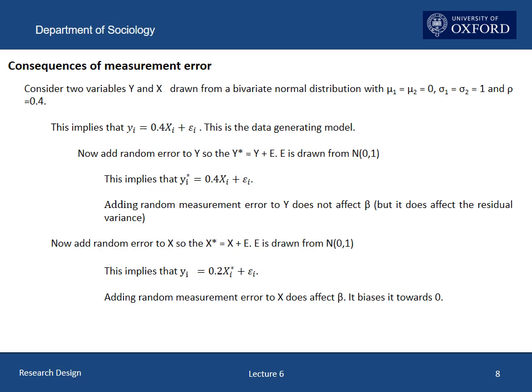We're now going to play around with it and see what happens when we add random measurement error to the dependent variable y, and then to the explanatory variable x. In the first case, we add random error to y and define a new dependent variable y star, such that y star is equal to y plus e, where e is drawn from a normal distribution with mean of 0 and standard deviation of 1.